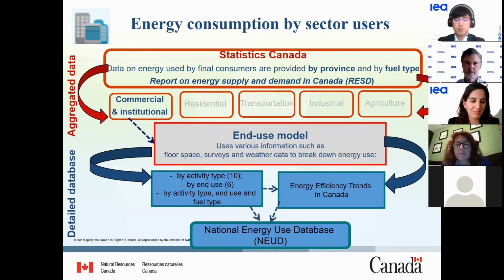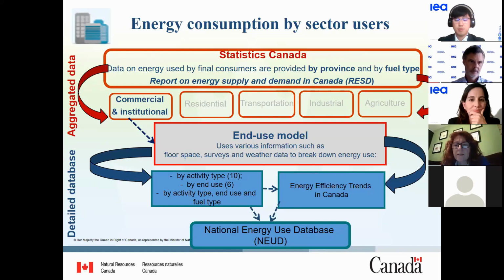And it gives us the energy use by final consumers, by province, and by fuel type. We do the analysis for multiple sectors: commercial and institutional, residential, transportation, industrial, and agricultural sector. But today I'm going to focus on the commercial and institutional building sector.